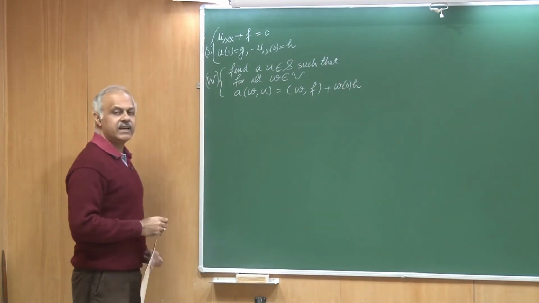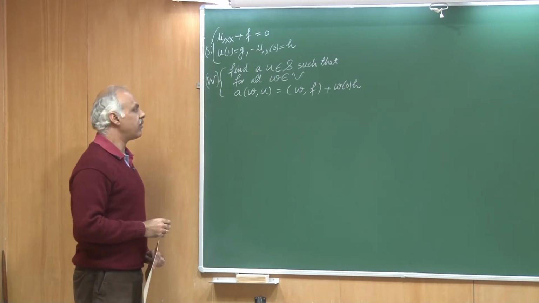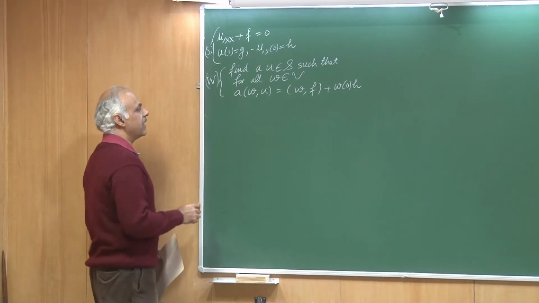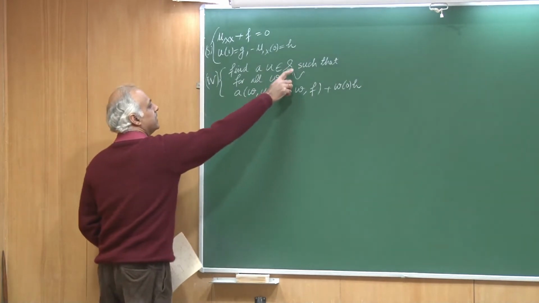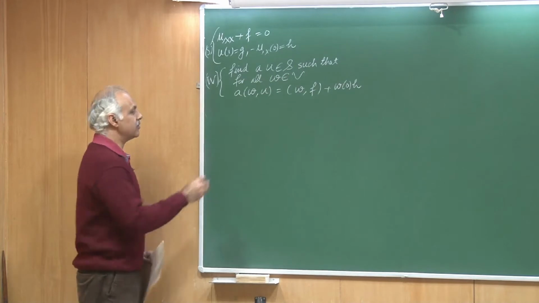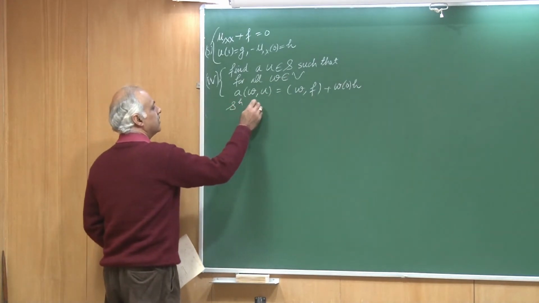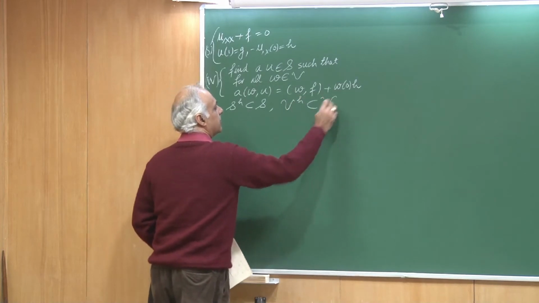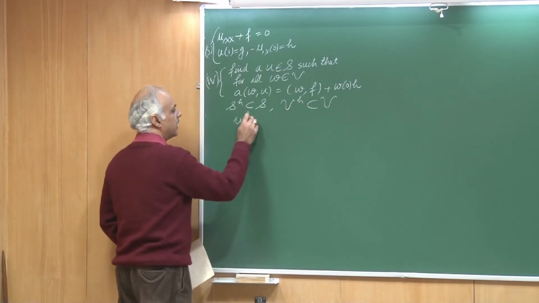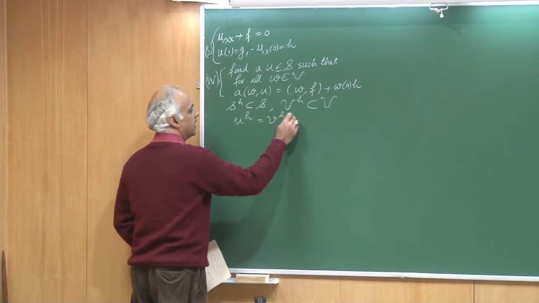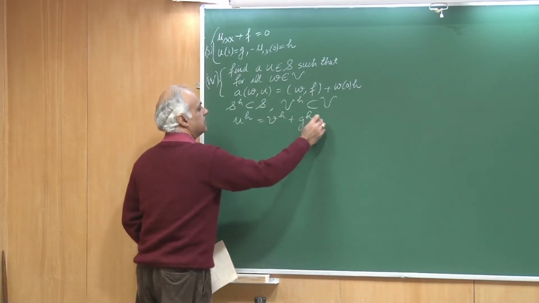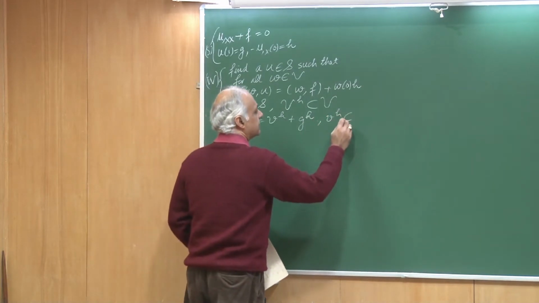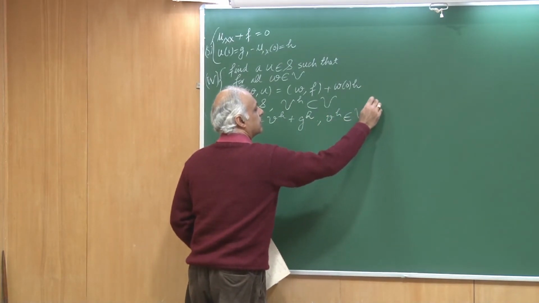And then we went ahead and came up with a Galerkin form of the problem, and the Galerkin form was simply the approximation of these spaces to finite dimensional spaces. So, we had S^h, which is a subset of S, and V^h, which is a subset of V, and then we proposed that u^h is given as v^h plus g^h, and v^h is a member of the space V^h.